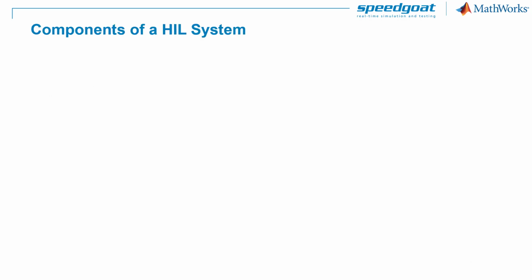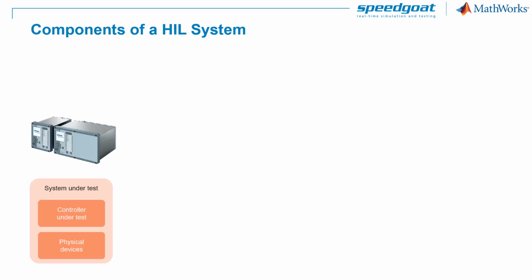Let's start with typical components of a HIL system. There are typically three main components. First, your system under test. This includes the production controller that requires thorough testing, and additional real components like domain controllers, sensors, and actuators.